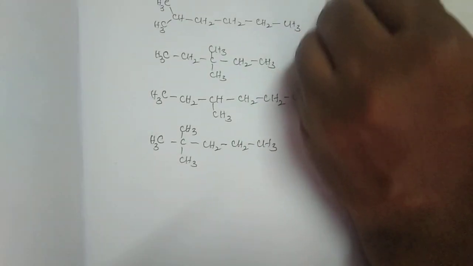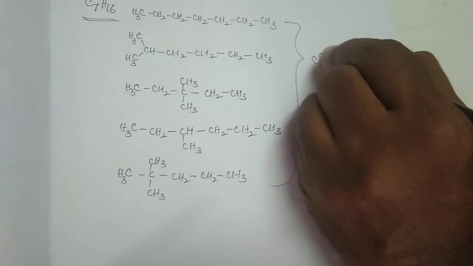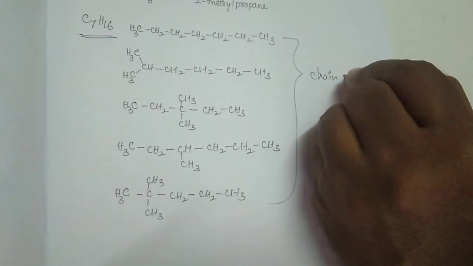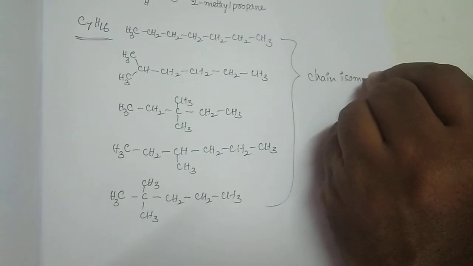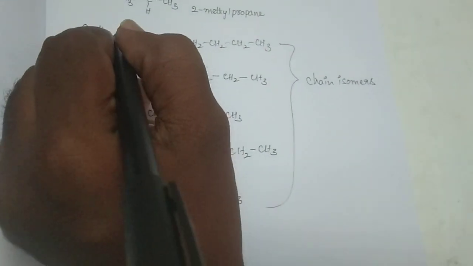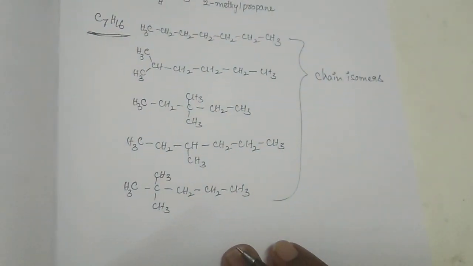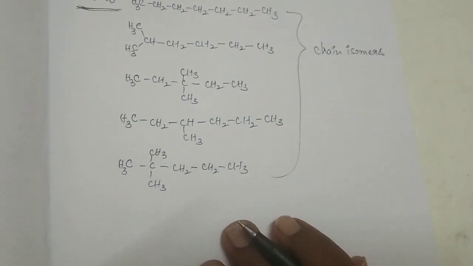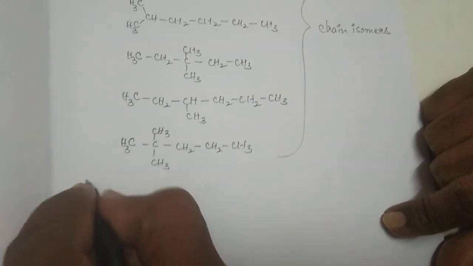So these are called chain isomers of molecular formula C7H16.